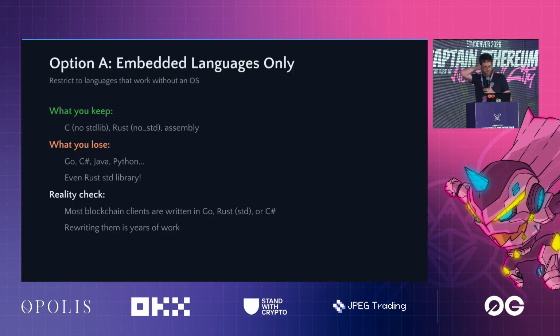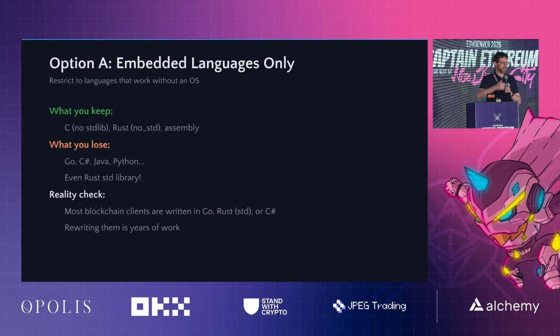There are two options. The one that sounds the easiest is to say we only accept guest programs written in languages that are embedded friendly. Now, it might sound like this is easy, but it's actually not so easy, because even C has a lot of libraries that assume an operating system. Rust also.